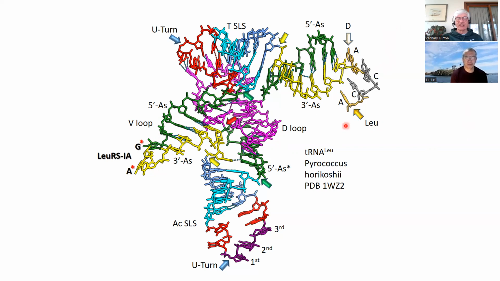The discriminator, this is from Pyrococcus. This is an ancient tRNA leucine, practically a LUCA tRNA leucine. And this is an A, so that's the original ACCA, the original amino acid adapter. And this is the discriminator base, that's initially A. Everything else I've shown you before.